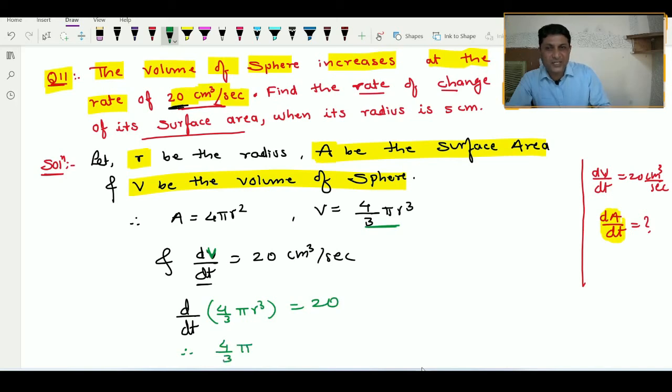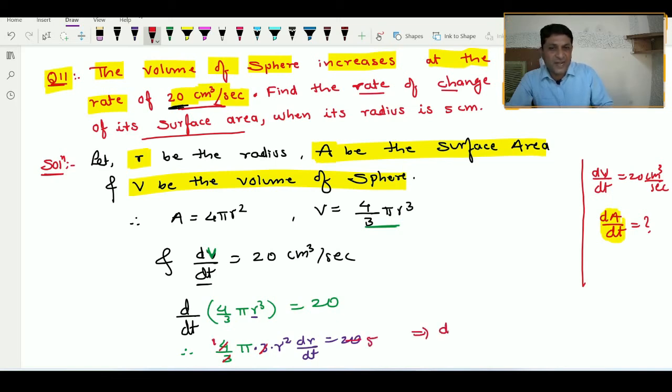The derivative of r cube: first take the power of r as a coefficient, decrease the power of r by 1, then the derivative of r with respect to t is dr by dt. On this side, 20 as it is. Here we can observe that 3 and 3 from numerator and denominator get cancelled, and 4 fives are 20.